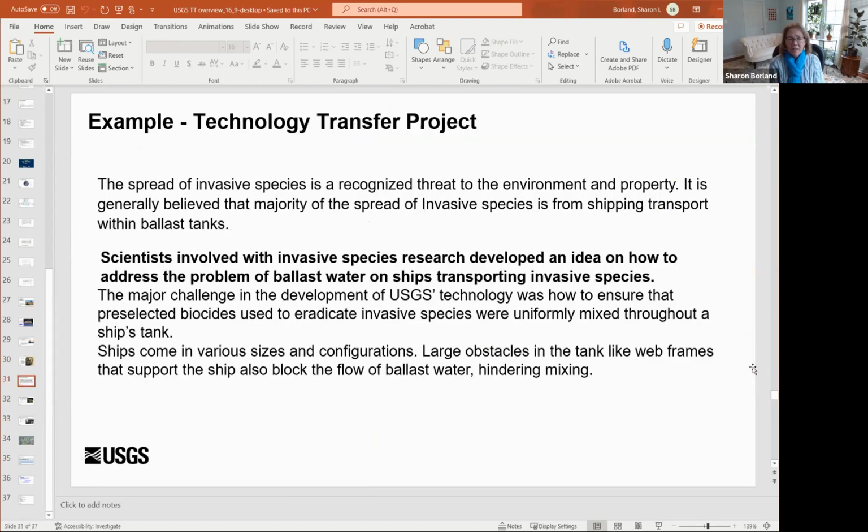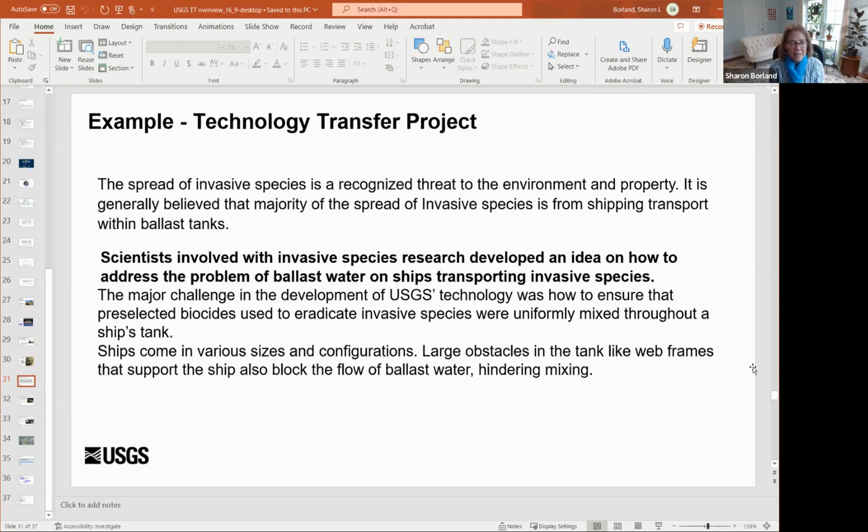So we had two scientists, Barnaby Watten and Noah Adams, from two of our ecosystem science centers at the USGS, who came up with a solution for a more effective means of disinfecting ballast tanks on ships.